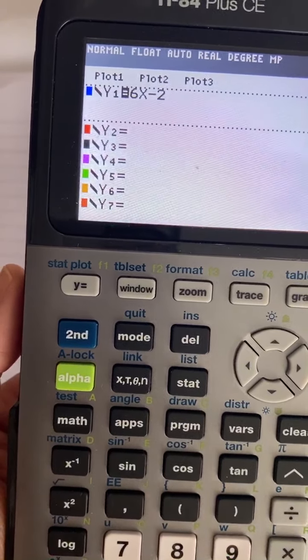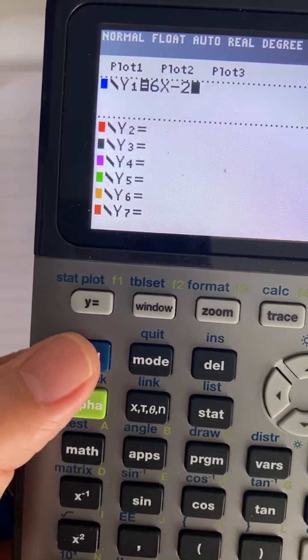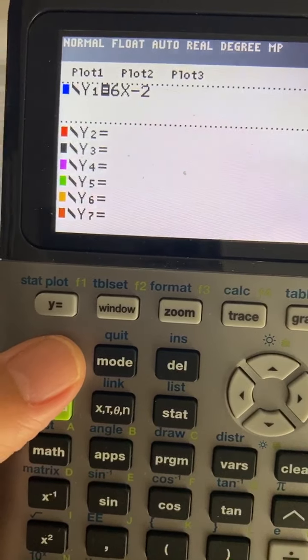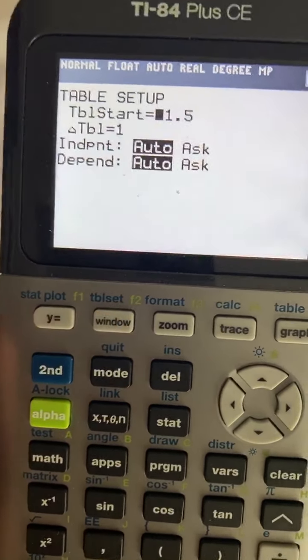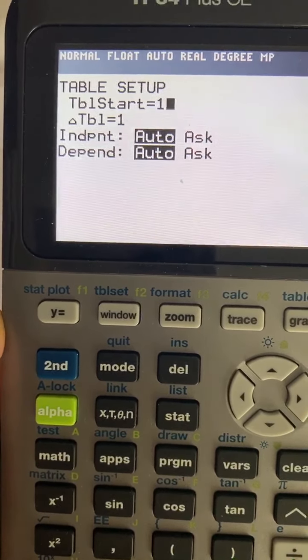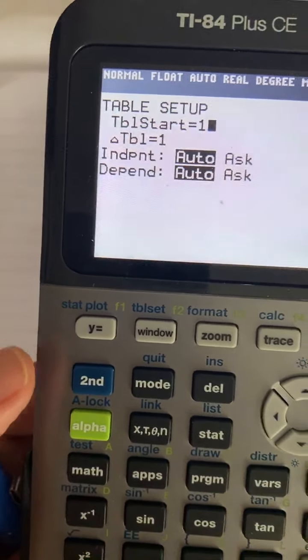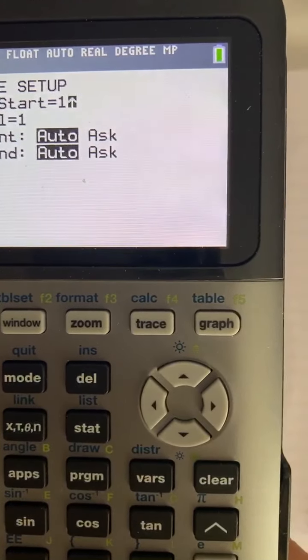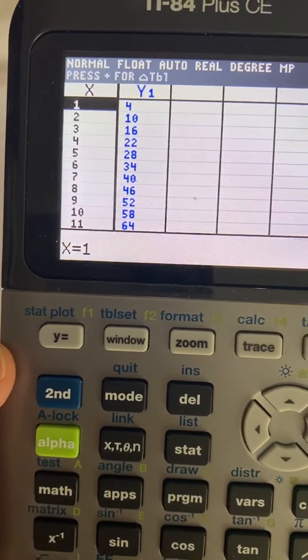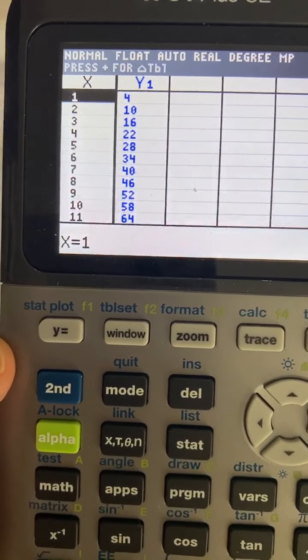Then after that, you need to go to second, then window, and you can start your table at 1, because we are starting with the first term. Then you go to second again, then graph, and you can see your terms. Now we want to find the 55th term.